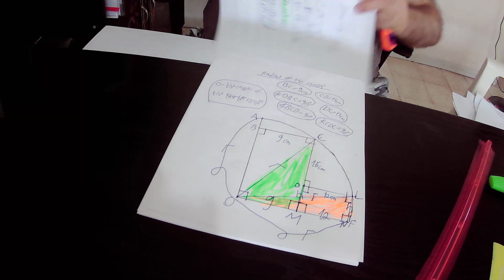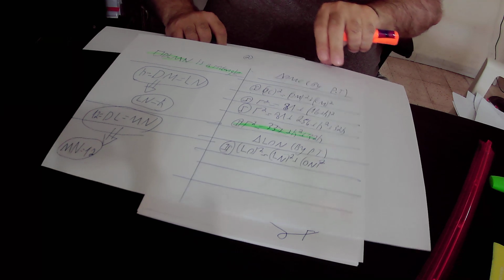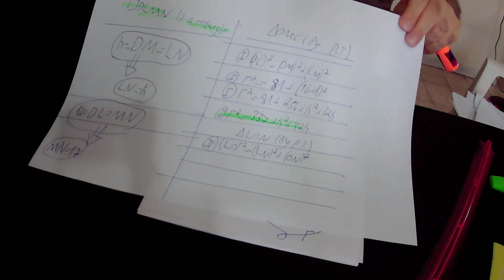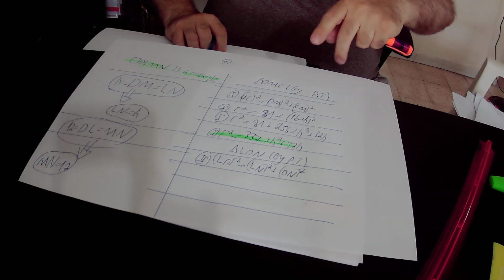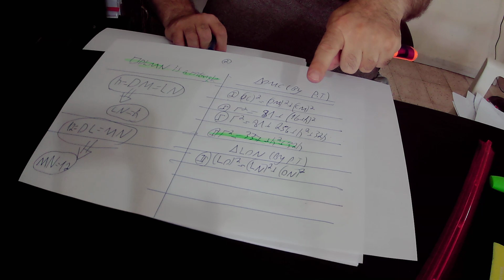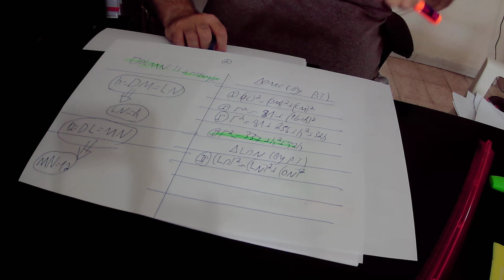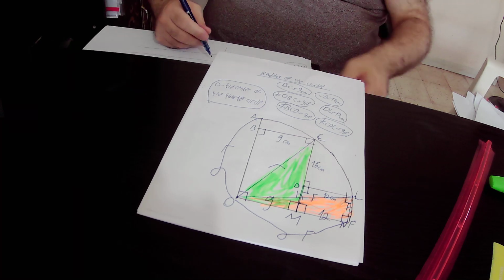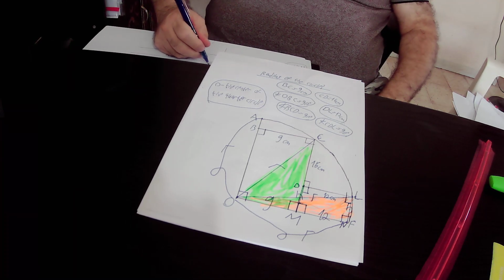According to the Pythagoras theorem, in the right orange triangle LON, LO square equals LN square plus ON square. So LO equals R, therefore LO square is R square.